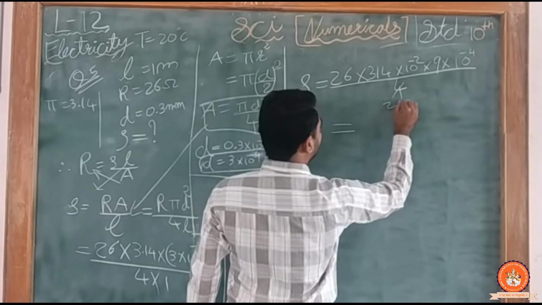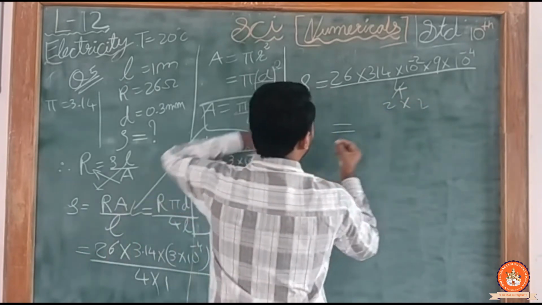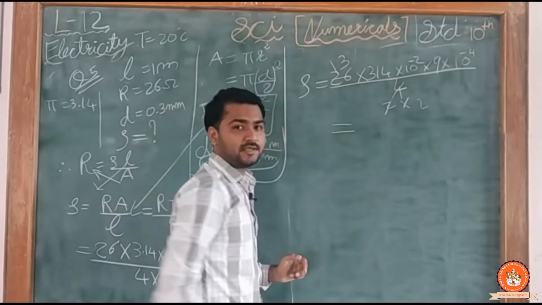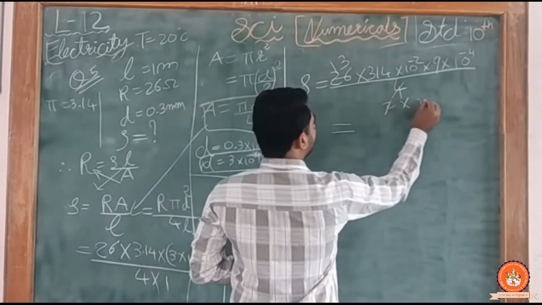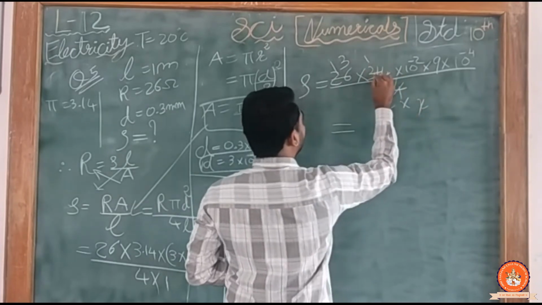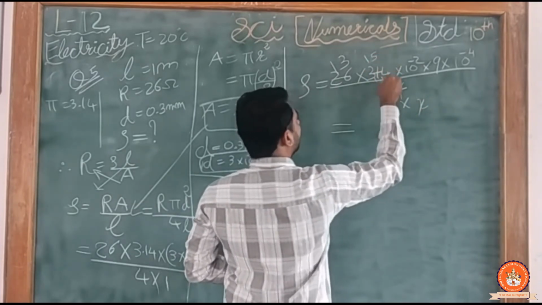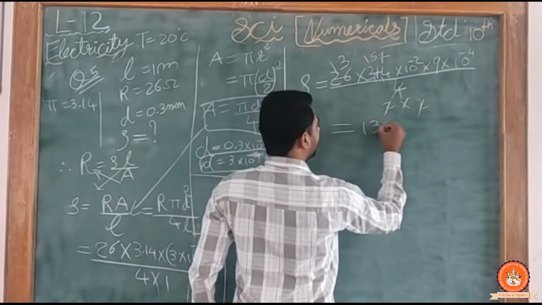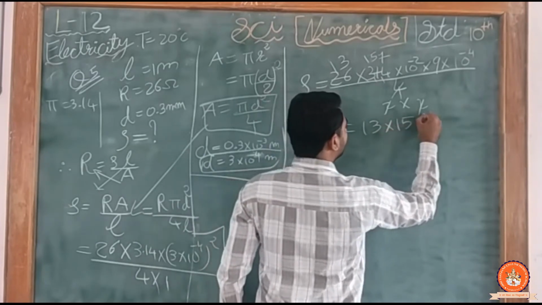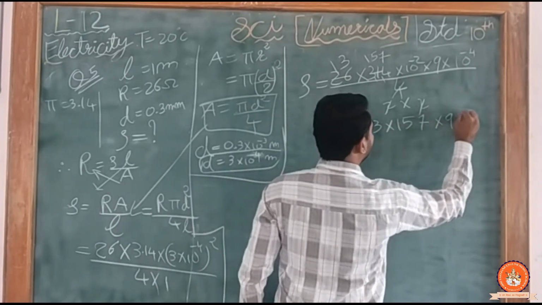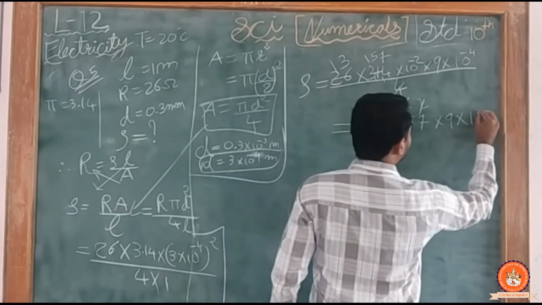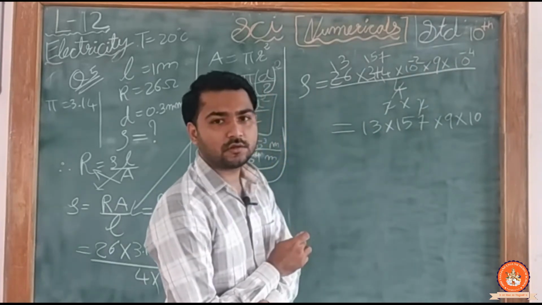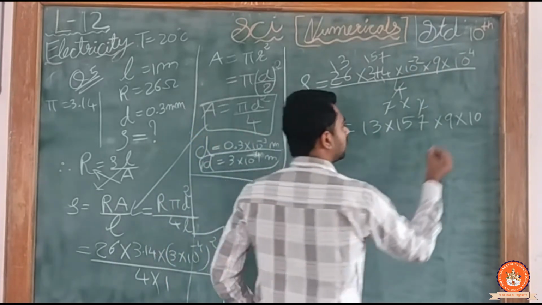So 2 2s are 4, so we will cut. 2 1s are 2 and 2 3s are 6. Now 2 1s are 2 and 1 here, 2 5s are 10 and 1, 7 2s are 14. So now we have to multiply 13 by 157 by 9 by 10 raised to -4 and -2, that means 10 raised to -6.